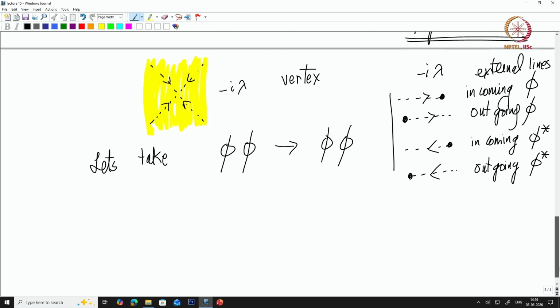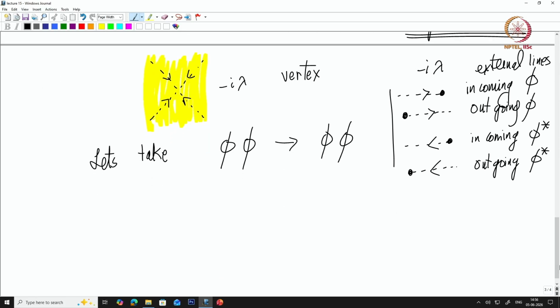So the incoming phi and phi star each will come, because it is a scalar particle, it does not have any wave function except the plane wave. The solutions of the Klein-Gordon equation are nothing but the plane wave, there is no polarization or anything because they are spinless.